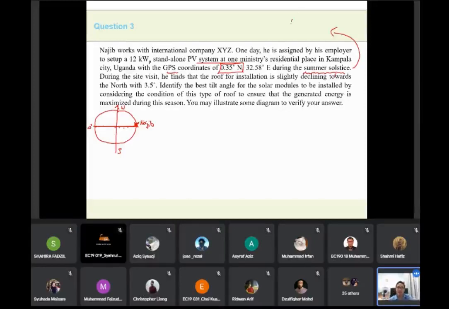When? March. No. June. June 21st. Okay, it's June 21st. At this time, where is it located in the figure?